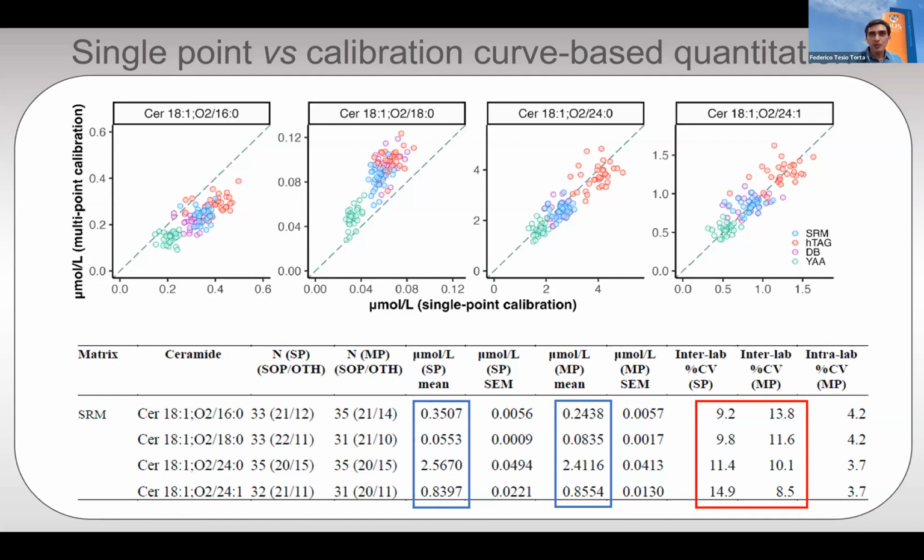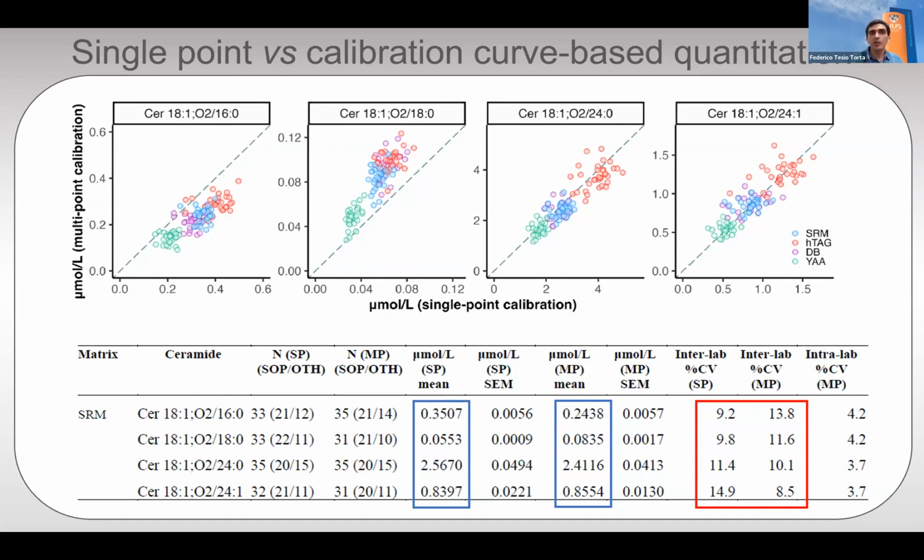But in terms of concentration values, and you can see that from the graphs on the top, while we observed the same values for ceramide 24:0 and ceramide 24:1 with both calibration methods, we observed different ones for ceramide 16:0 and ceramide 18:0.